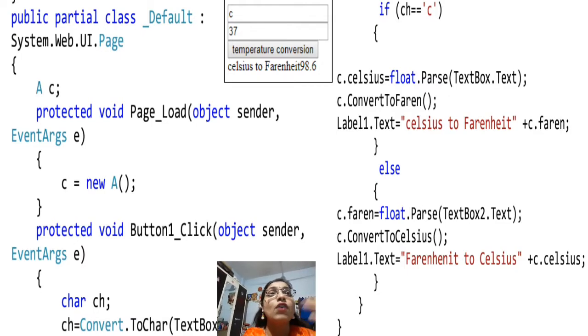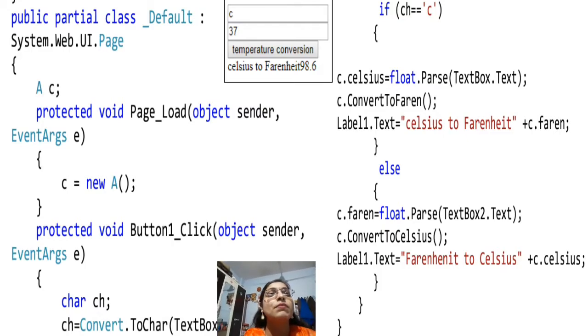And now as we are writing the code in ch equal to C, means we want to convert Celsius into Fahrenheit. So we will call the convert to Fahrenheit function. So C.ConvertToFahrenheit, and the result we are going to display. Now in the previous program we have used Response.Write, because of which the statements will be displayed on the browser. Okay, but now in this example we are going to use the label which we have taken from the toolbox. On the label we want the result.